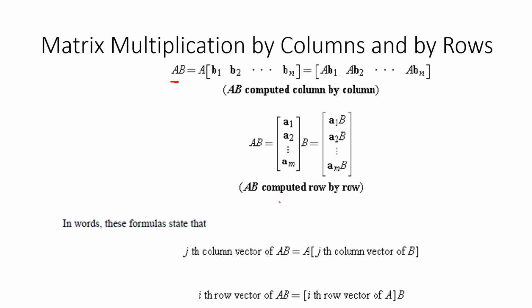In words, these formulas are stated: the jth column vector of AB is equal to A times the jth column vector of B. And the ith row vector of AB is the ith row vector of A times B.